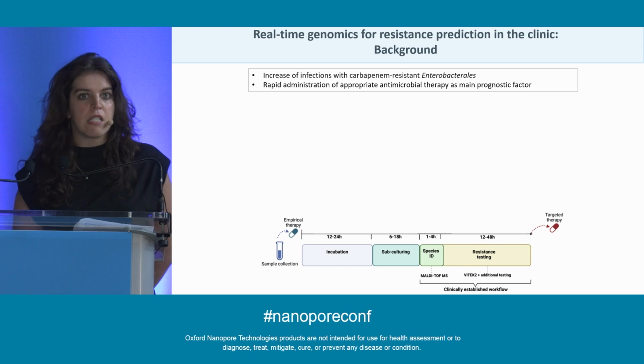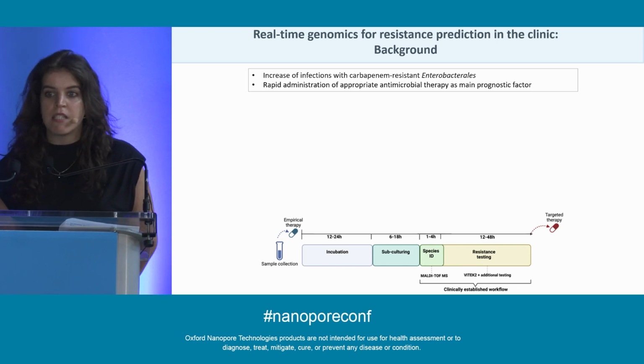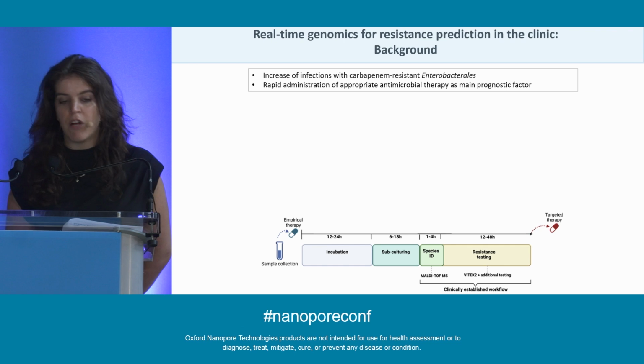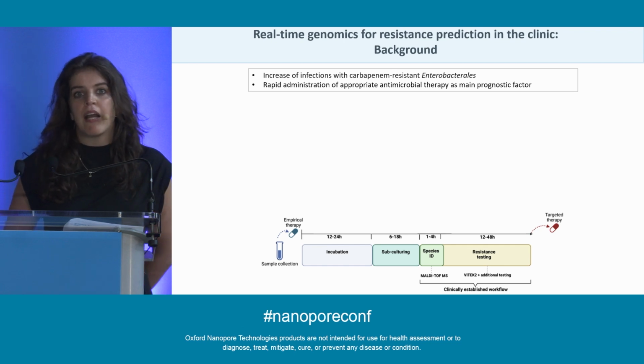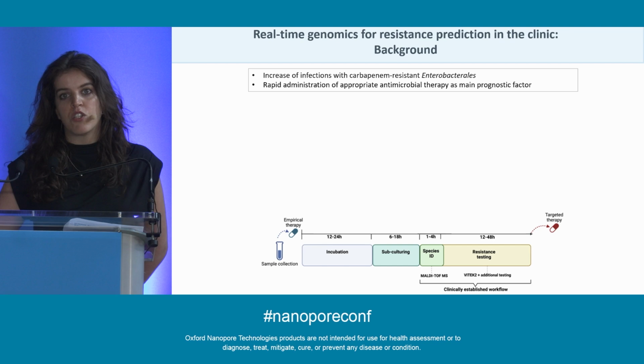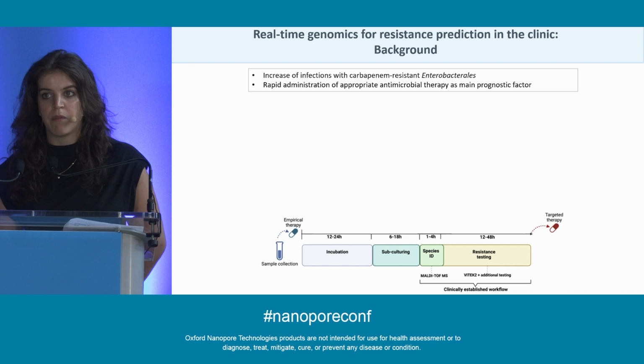As you can see, it spans several days, including incubation, subculturing, species identification using mass spectrometry, and antibiotic susceptibility testing by exposing the bacteria to certain concentrations of antibiotics and assessing the bacterial growth, again requiring time-consuming bacterial growth.